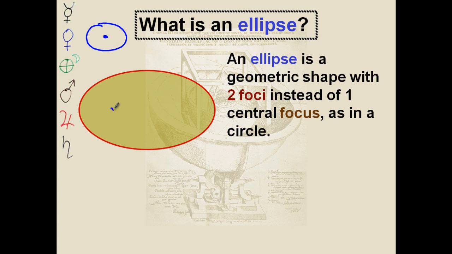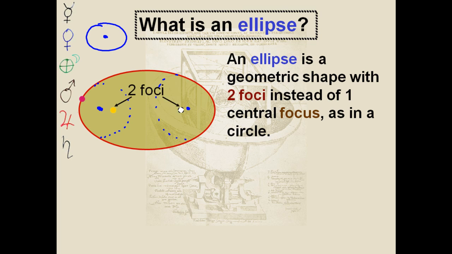But this ellipse here has two foci. Sorry, my circles are kind of lame. So this focus should be over here. Let me erase that. So it has two foci, two focuses, however you want to say it, instead of a circle which only has one.